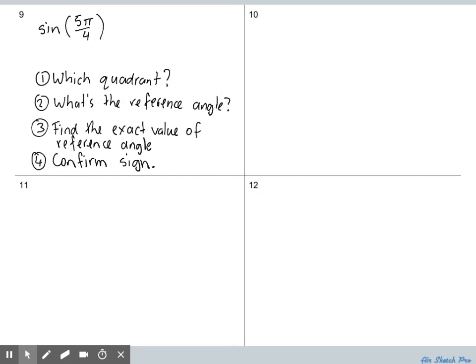That's what you're doing. Now, longer term, I'd expect you to be able to do these 4 steps in your head effectively. I'll write a solution out in a second.